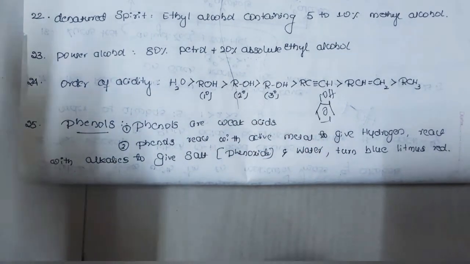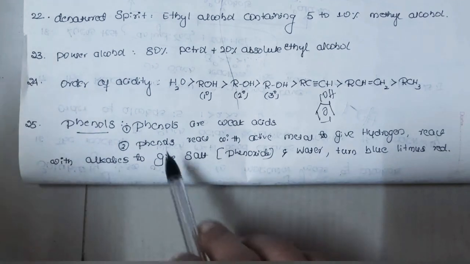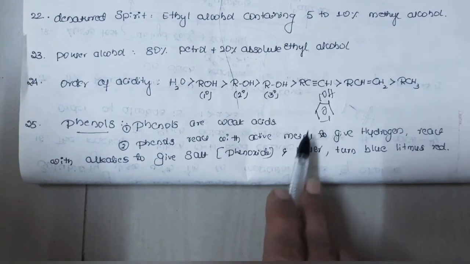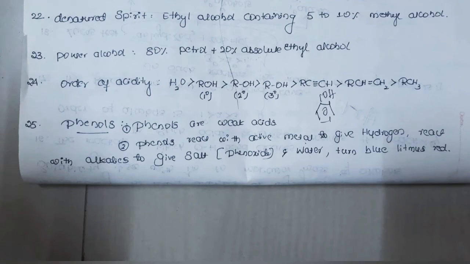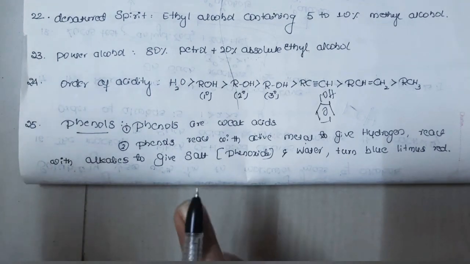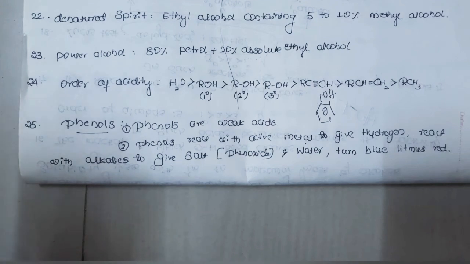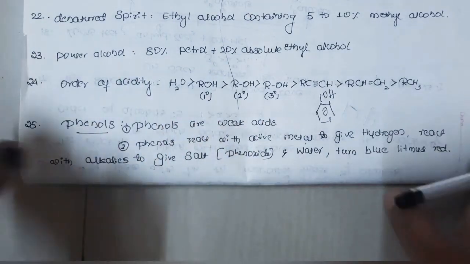When I say phenol is acidic, obviously when I treat phenol with any active metal, it should liberate hydrogen. When I treat it with any base, it should give salt and water. When I put blue litmus on it, it should turn the blue litmus red. From all these reactions, I could say phenol is acidic in nature.